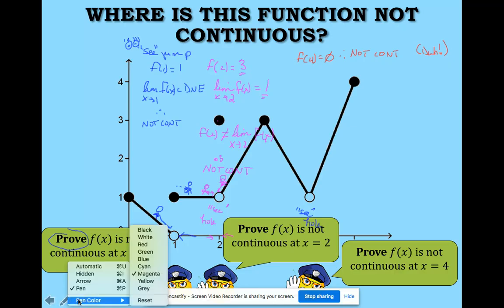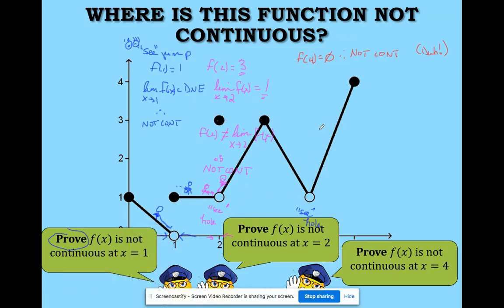For the first one, I only had to show that the function value did not exist. I could jump right to not continuous. The second one, we did the function level existed, but the limit did not, right?